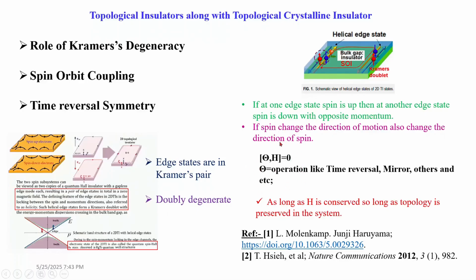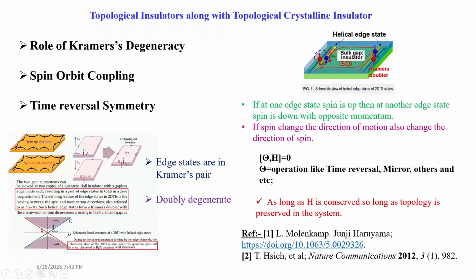And one important thing is that these helical edge states are in the Kramers degeneracy, which means the electron can reside in either the yellow state or the blue state, but at the same time it can reside in only one, because it obeys the Pauli exclusion principle.